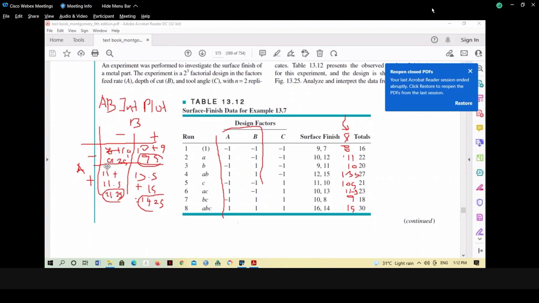Okay, you can plot here, you plot like this. Right, this is A, you have A low and A high, right? A low, this one is high.